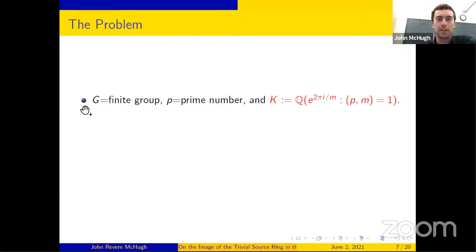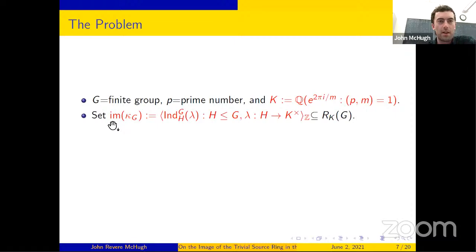Okay, now here's the problem I considered. Let G be a finite group. Let P be a prime number. And now K, capital K, is going to stand for a particular field. It's Q adjoin all roots of unity that have order prime to P. So I'm going to define a subgroup of the ring of virtual characters of G in terms of generators. What are the generators?